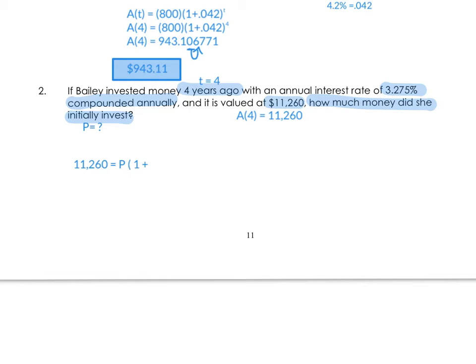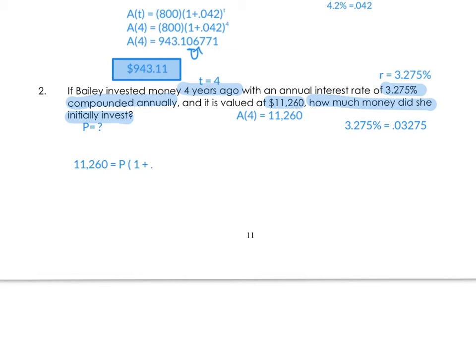So I know that the R value is 3.275%, but I need to change that to a decimal. So I need to move that decimal place 2 places to the left to become a decimal that can then go into my formula.